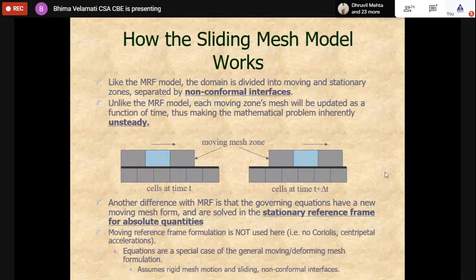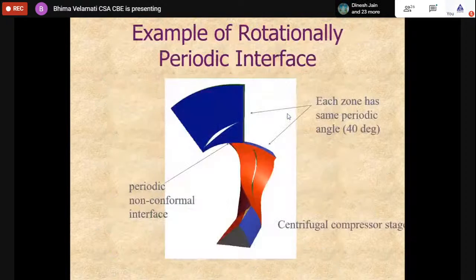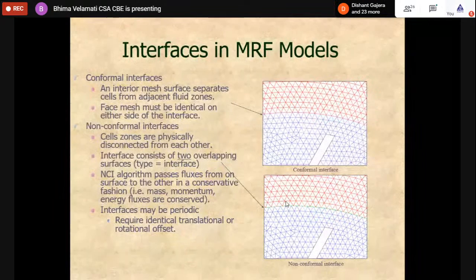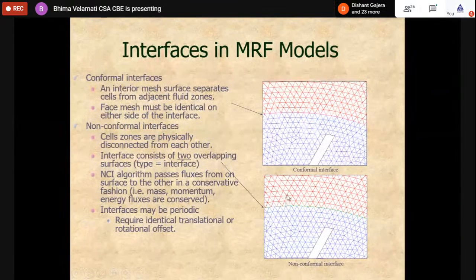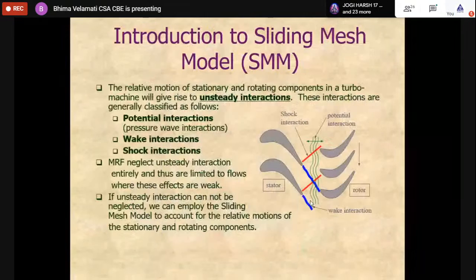They are separated by a non-conforming interface. Okay. What is a non-conforming interface? If you have not understood that part, I will show you again. That means the rotating and the stationary zone at the interface, the grid will not match one-to-one. Okay. That is what is called a non-conforming interface.